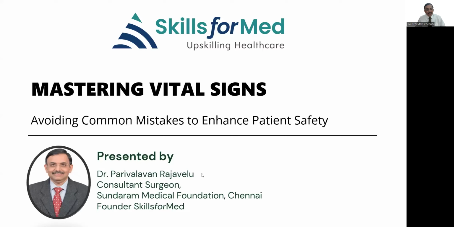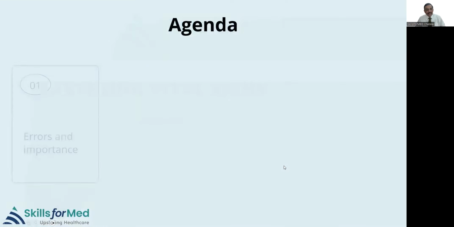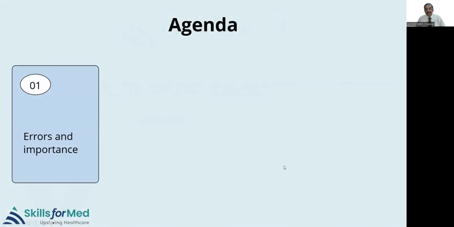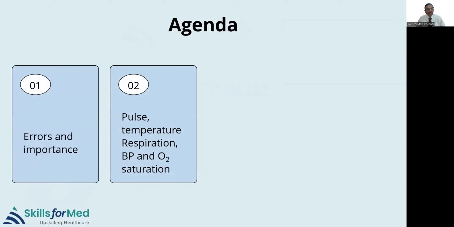So let me go to the first slide. Today's agenda is what are the errors and why we have to talk about them, their importance. And I'm going to talk about the traditional vital signs: pulse rate, temperature, respiration, BP, and oxygen saturation, which now also has become one of the core vital signs which all of us do.